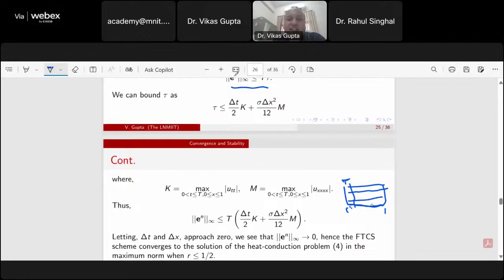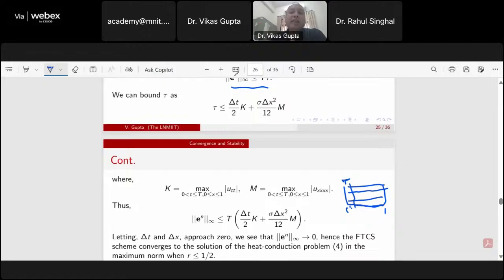So that's why we are having that grid of finiteness. So over the rectangular domain, we consider the second derivative of u with respect to t is bounded by K, that is K is the maximum value of this, and M is the maximum value of the fourth derivative of u with respect to x over this rectangular domain.